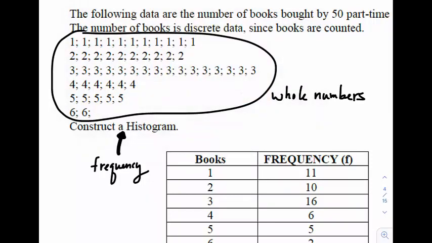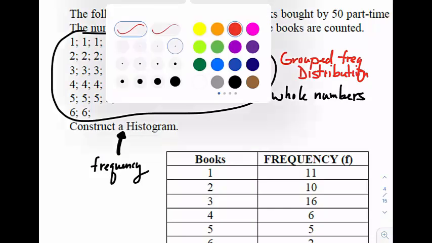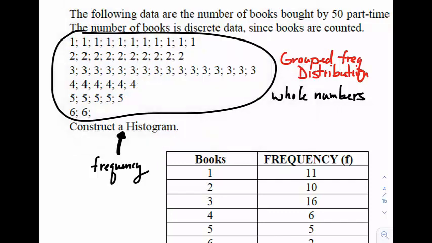and I'll make a label here for grouped frequency distribution. But the other distinction is whole numbers and that there's a lot of repeats.